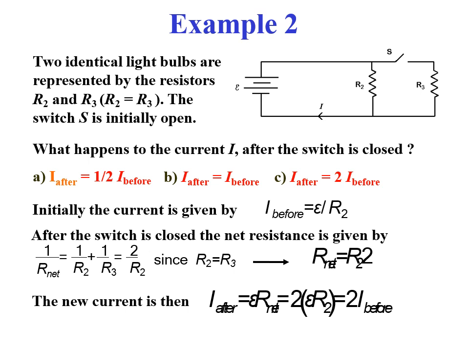So 1 over R is equal to 2 over R2, so the total effective resistance R net will be equal to R2 divided by 2. The new current I after will be equal to 2 times the current before, because you used V divided by R over 2, which is V times 2 divided by R. So it gives you 2 times the current that was there before the switch was closed.